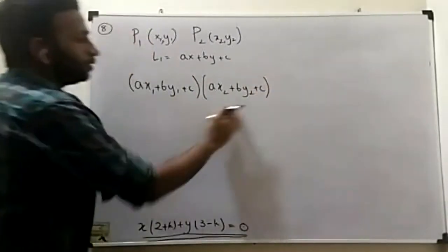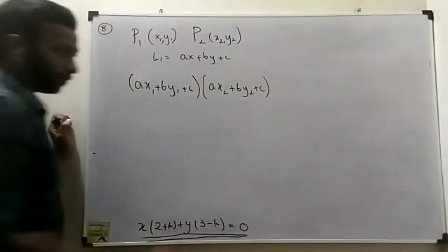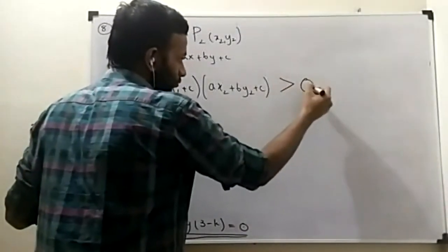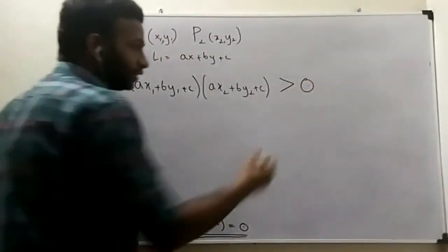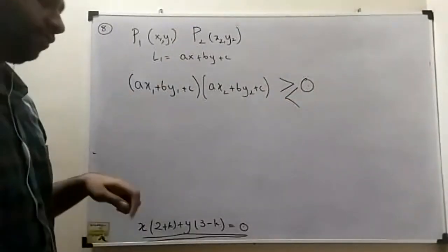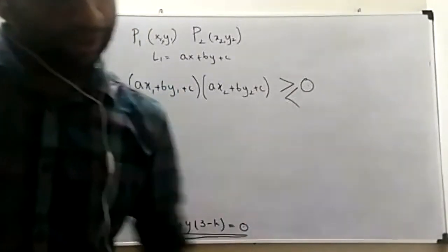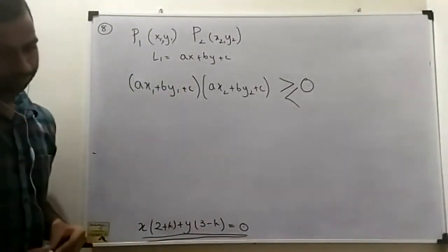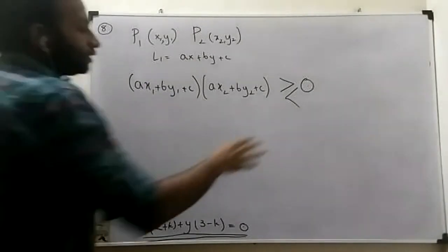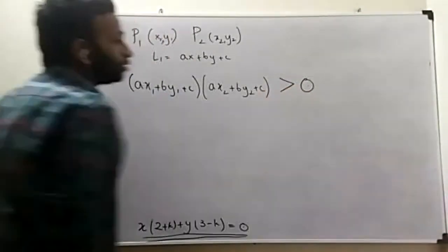If these 2 points lie on the same side, the value of this is greater than 0. If it lies on the opposite side, the value is less than 0. So for this question, they have said the points 1, 1 and 3, 4 lie on the same side. So let's substitute these 2 points, and because it's on the same side, we can say that the values are greater than 0.